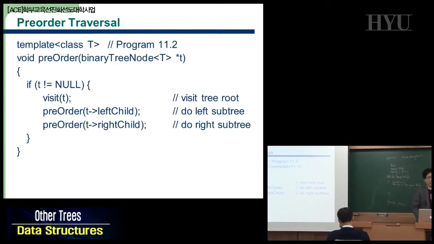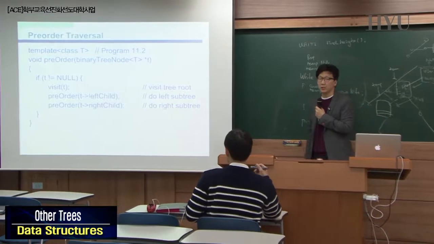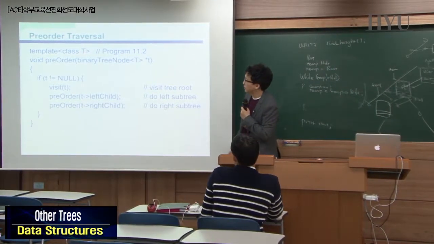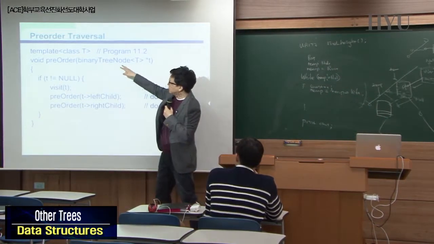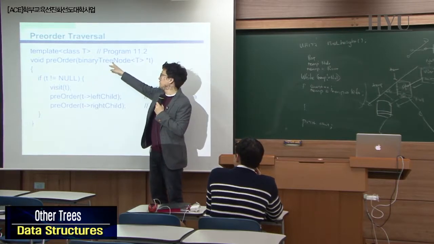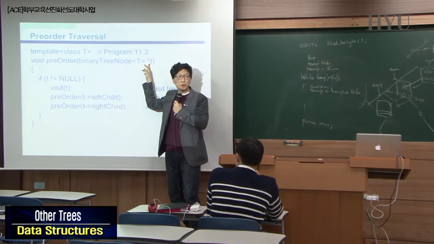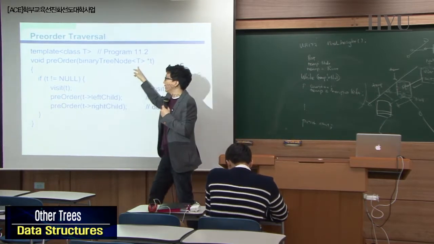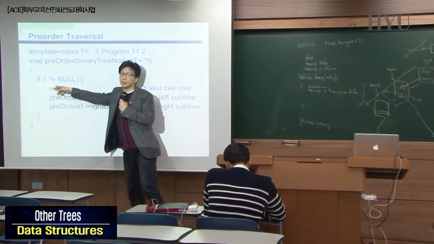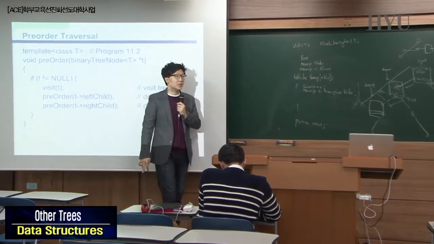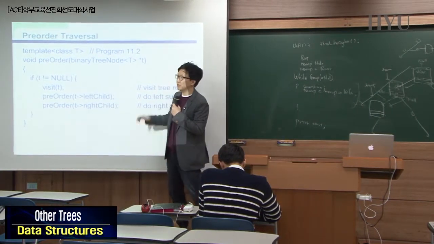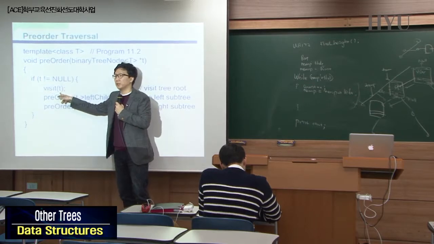From the previous slide, if you actually try to write that as code, this is my pre-order function. Given the node t, this will be my starting node, root. If t is not null, I'm checking whether the root that I'm given is empty or not. If it's not null, visit t first.